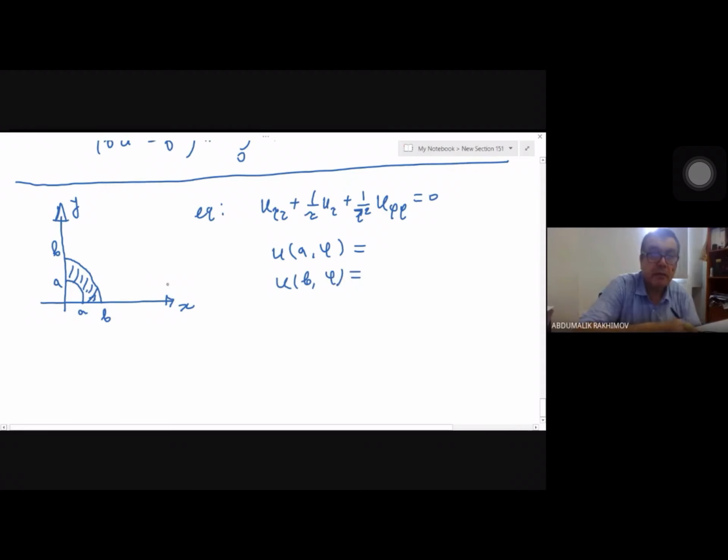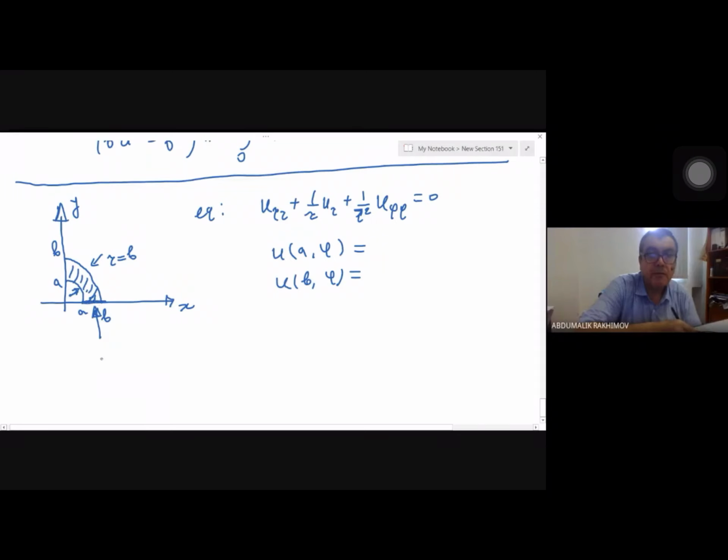How do I describe this condition? R is equal to B, right? And this condition is R is equal to A. So what about this boundary, how can I write this condition?